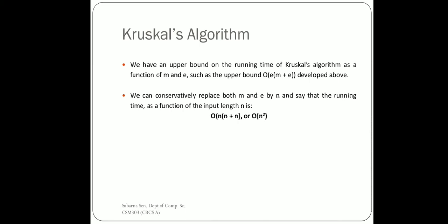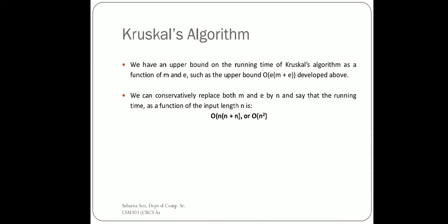We will definitely use a multi-tape Turing machine. If we simulate that multi-tape Turing machine using a single-tape Turing machine, the time complexity will definitely be higher. But at least we can have one multi-tape Turing machine where the total working of Kruskal's algorithm can be done in order of n square time.